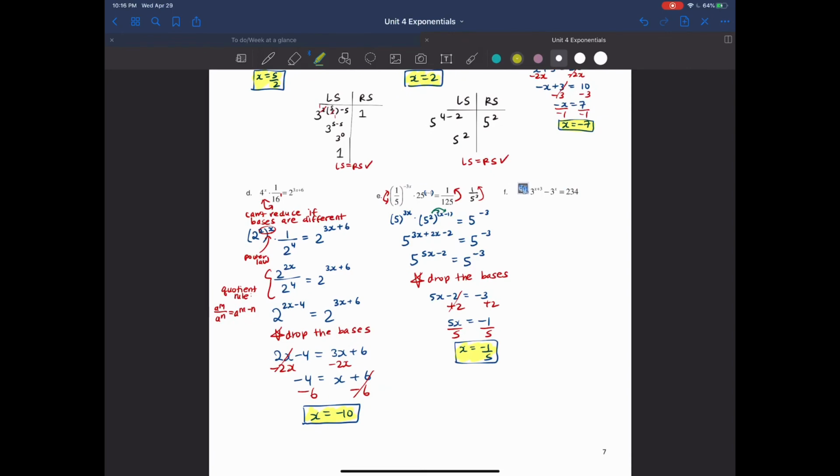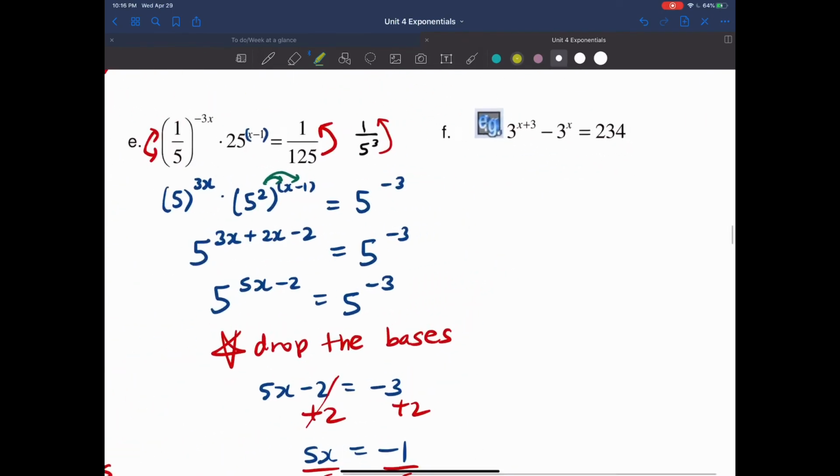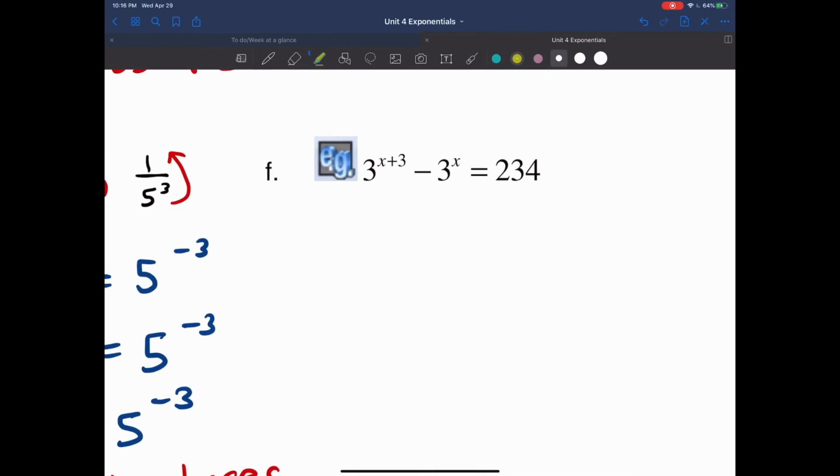All right, last question. All right, so you're going to be a little surprised that I'm going to say this, but I look at it, and the one thing I notice is that this is a subtraction. And is there any laws that helps us with subtraction between the two powers?